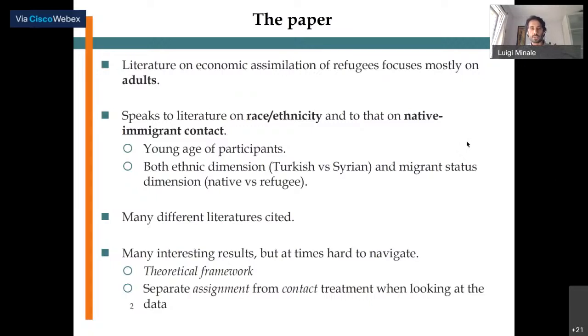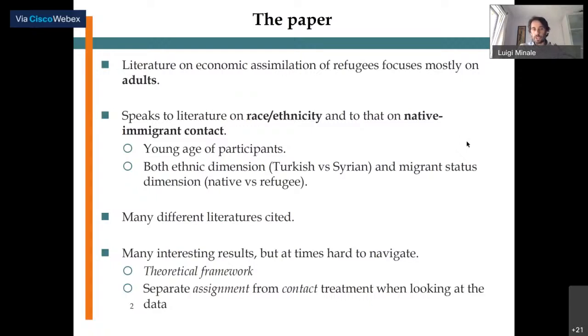The Syrians react in one way, but then Turkish kids react in an opposite way, and these results might differ depending on the outcome you look at. I don't think they are inconsistent. I think it's interesting. However, adding a theoretical framework that guides the empirical analysis and the interpretation of the results could help in navigating them.